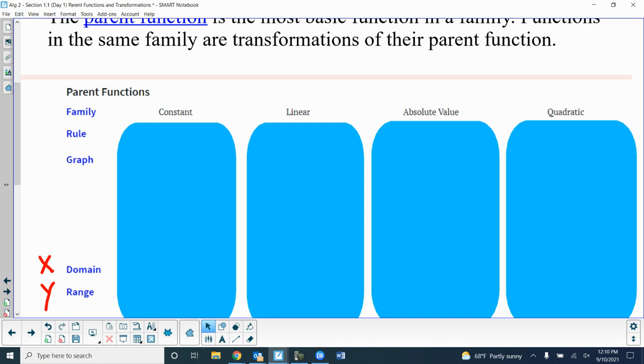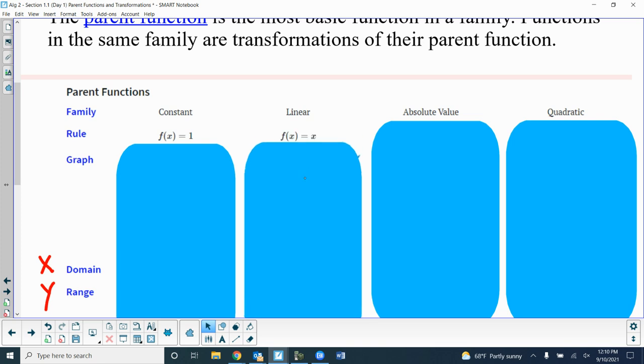And they all have a rule, the basic function they use for each family, each parent. f(x) = 1. f(x) = x. f(x) = |x|, those two symbols around it mean absolute value of x. You guys have seen those before, right?